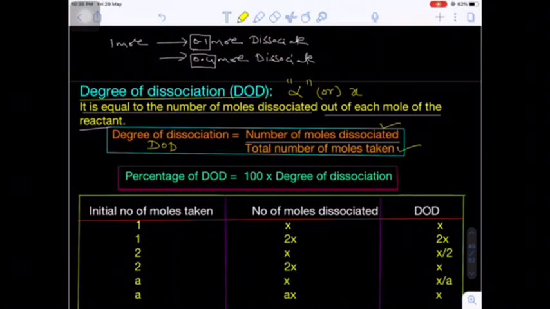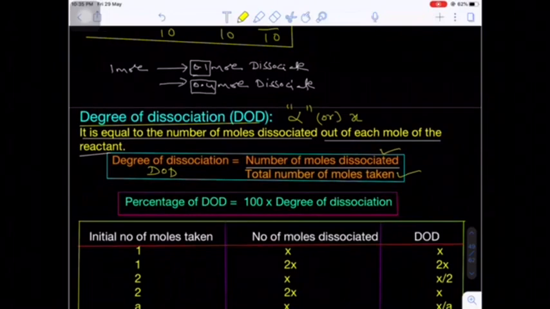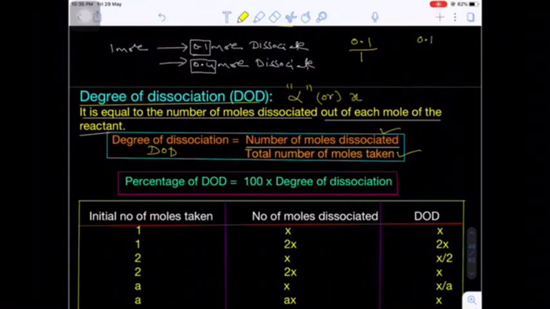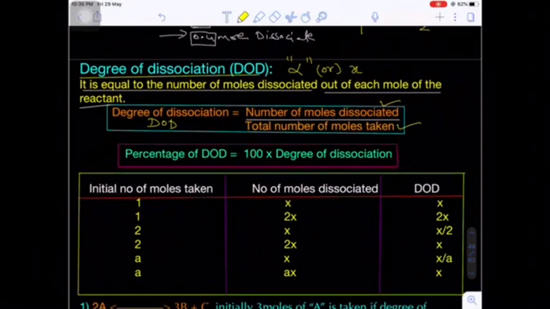The moles of reactant taken will be in the denominator, and the moles dissociated will be in the numerator. Just like in the above example, 0.1 moles dissociated out of 1 mole taken. Otherwise, if 0.1 moles dissociated out of 2 moles, we write the initial number of moles in the denominator and the number of moles dissociated in the numerator. Are you getting my point?